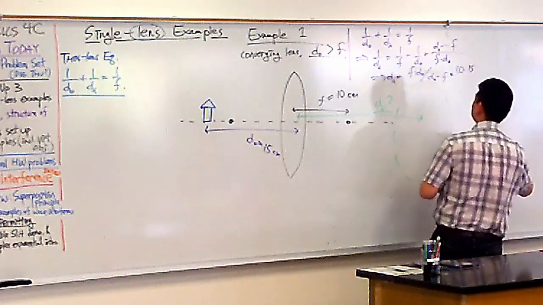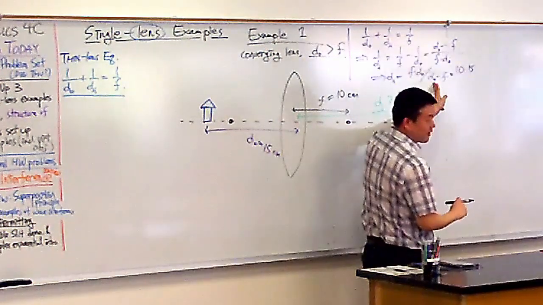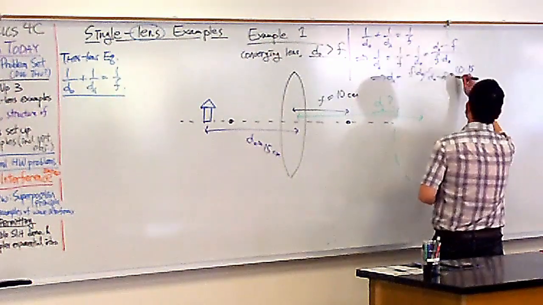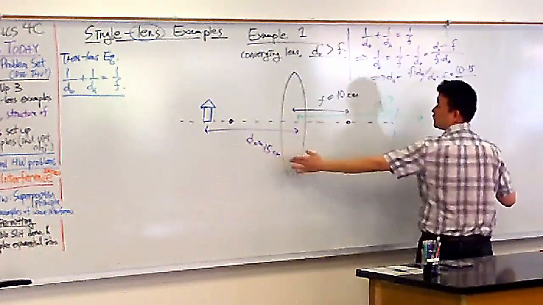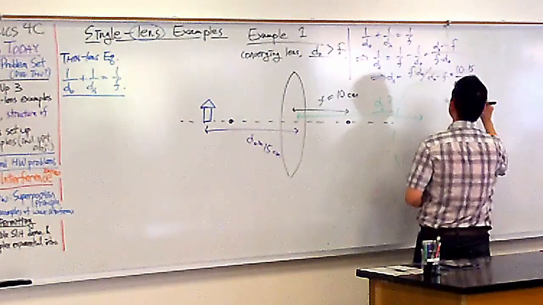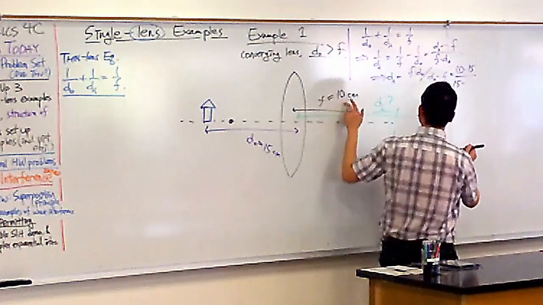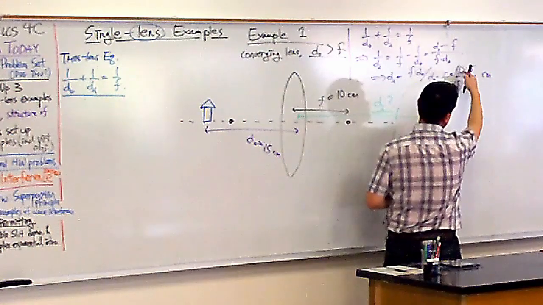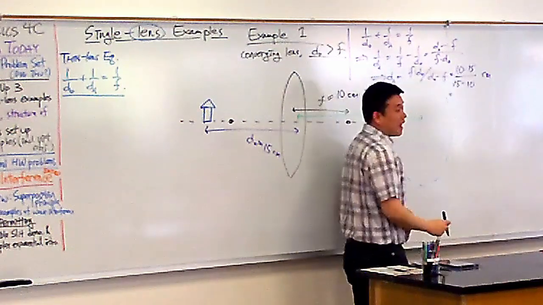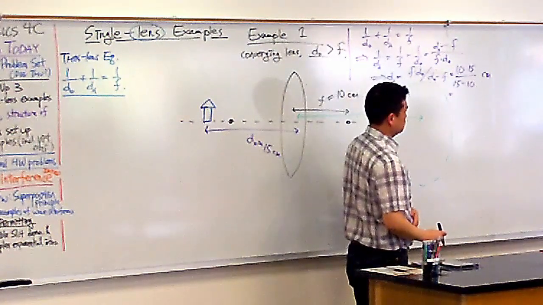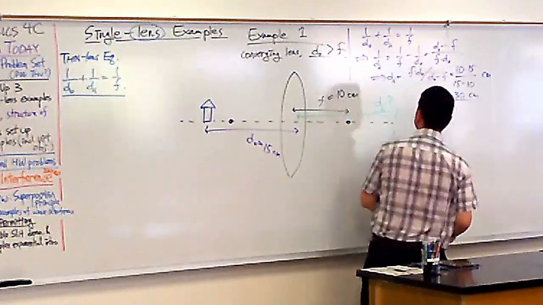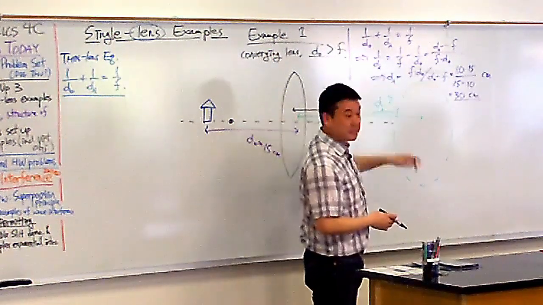Oh wait, one factor of centimeters will cancel out, and I'll be left with one remaining factor of centimeters. Divided by 15 minus 10 centimeters. So it's 150 divided by 5, 30 centimeters. All right, so that's my answer for the image distance.